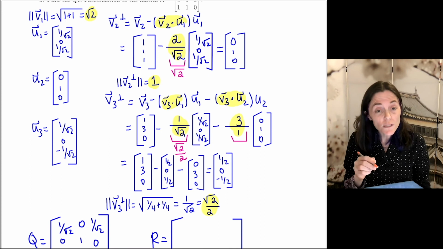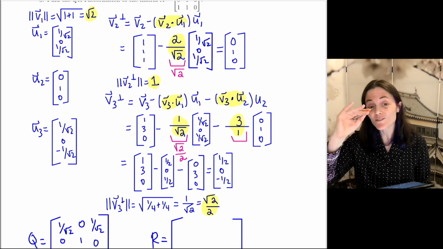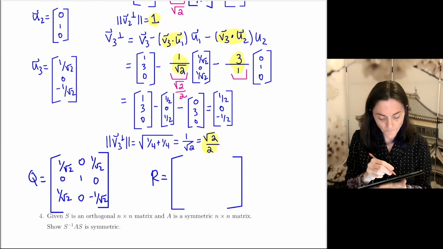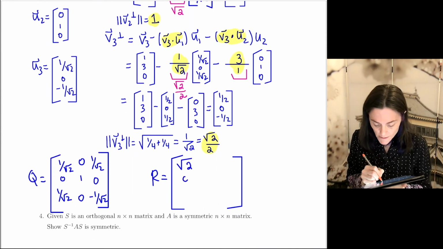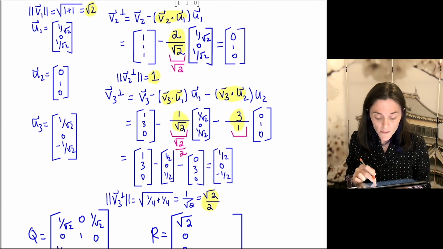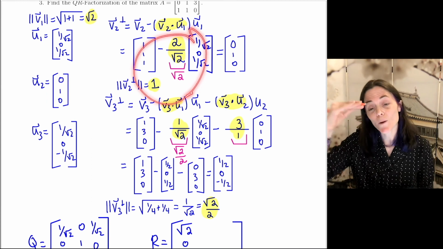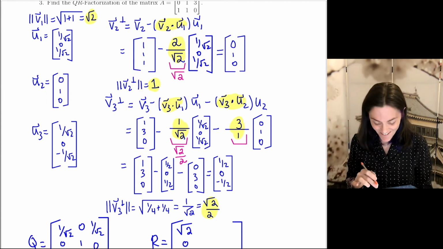Now for matrix R, well, we can fill it out just looking at all of this work, column by column. So the first column you see will be square root 2, that's here, and then 0, 0. Now the second column is here. It's square root 2, 1, 0.